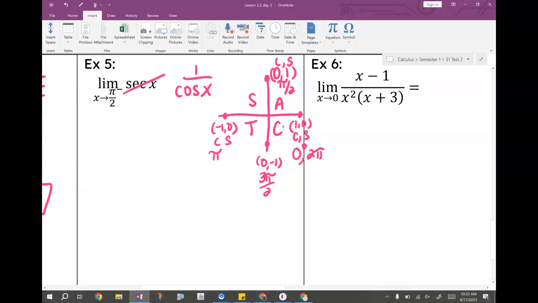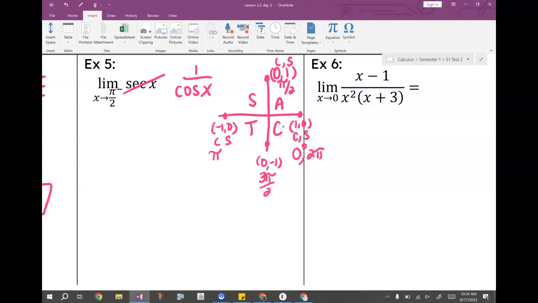As x is approaching pi over 2, which is 90 degrees, which you guys said is up here, we're coming from the negative direction. So that means we're looking a little bit below pi over 2. If pi over 2 is 90, what is a degree that is a little bit below that? 89.